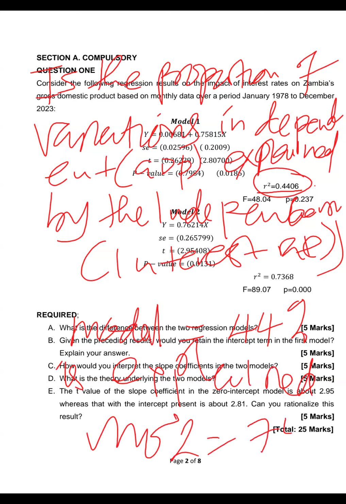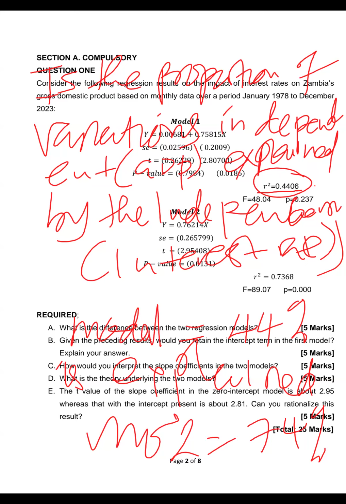About 74%. 74% of variations in GDP are explained by interest rates in Model 2, which simply means that Model 2 has got a stronger explanatory power as compared to Model 1.